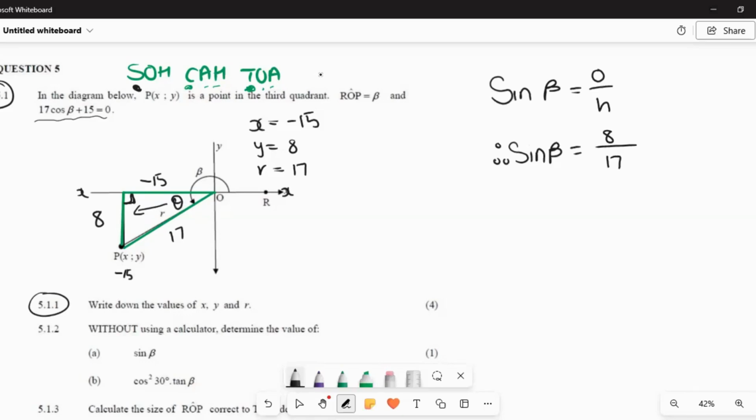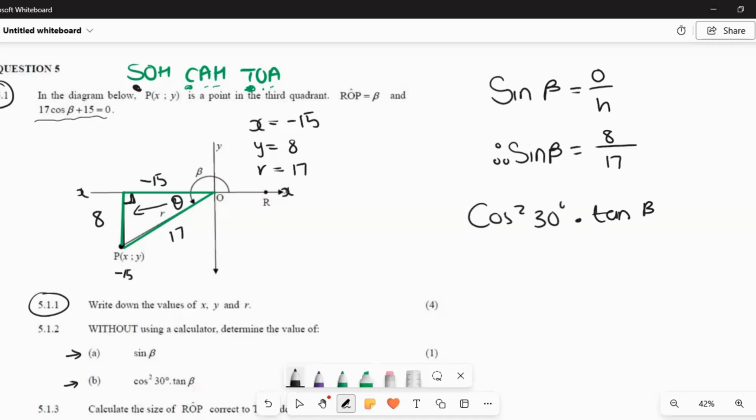Okay, and then now going on to B. We just finished A. We're now going to B. For B, they're saying we should do the same, calculate again without the use of a calculator. So now we're given cos squared 30 degrees multiplied by tan beta. In this case, I'm going to use special triangles.